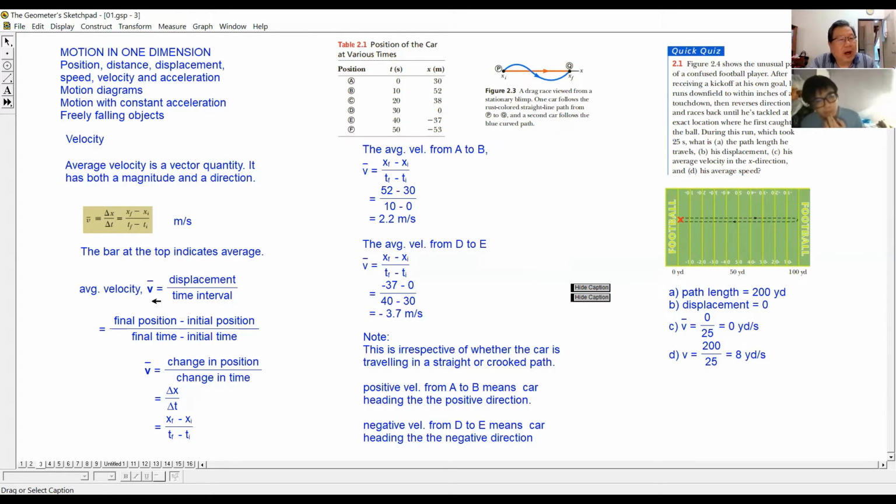Okay, so how is the average velocity defined? The average velocity is defined as the displacement divided by the time interval. What is the displacement?